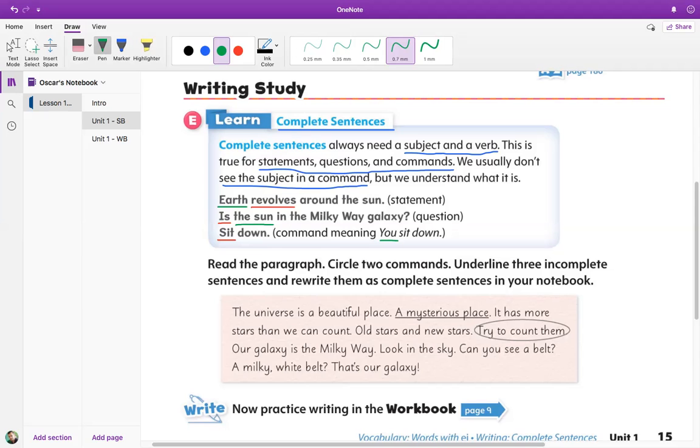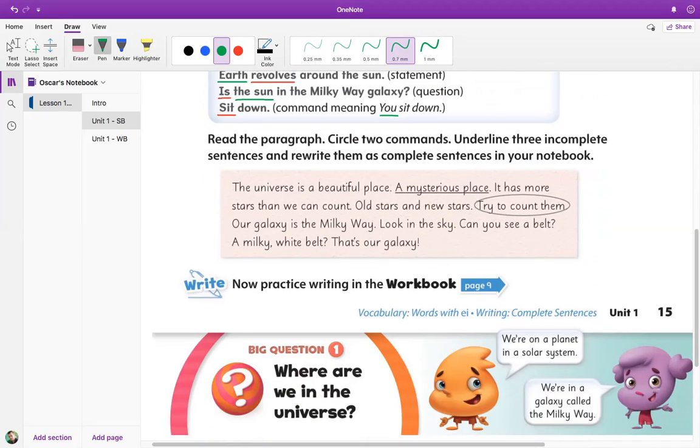Okay, let's continue by reading a paragraph, and we are going to understand a little bit more about complete and incomplete sentences and also commands by reading it. We will also rewrite the incomplete sentences later.